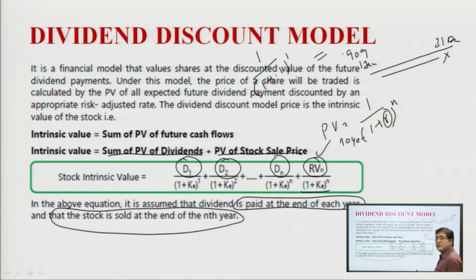Otherwise, if the dividend is paid at the start of the year, like in January, then we only consider the period before January. So, it is important whether the dividend is paid at the end or the beginning of the year. Our calculation is based on that.